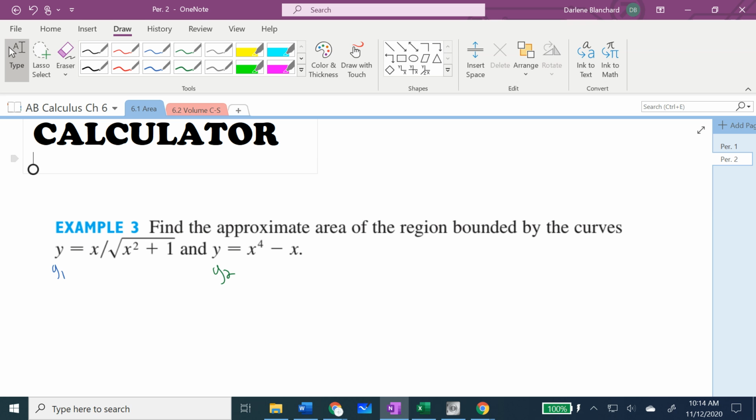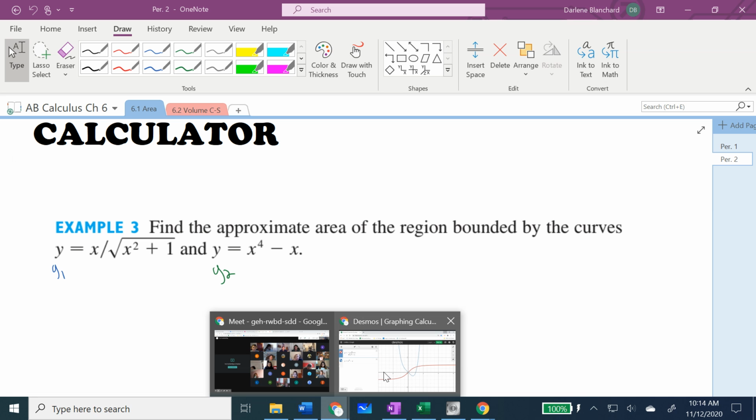Okay, now, can everyone see that they definitely intersect at the origin? You need to find the other intersection point. And I'm going to grab a Desmos graph of this.